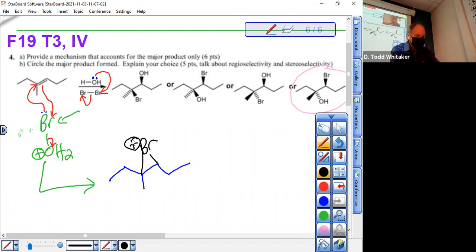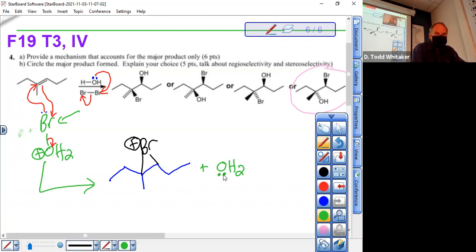The plus is on the bromine. It's a bromonium. And you made water, and you have lots of water. You can use the water you made or one of the waters that was there in the bromine water. Doesn't matter.